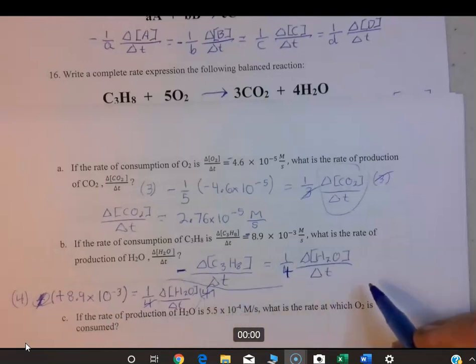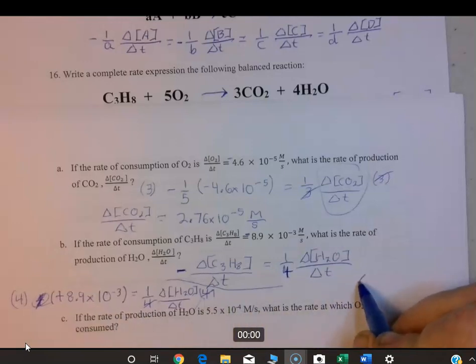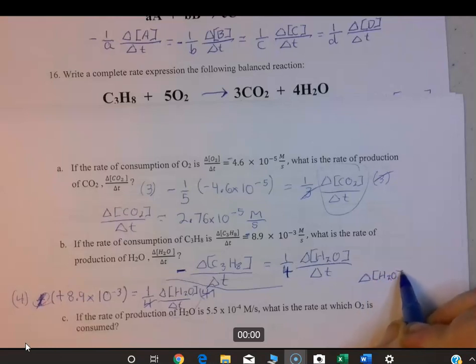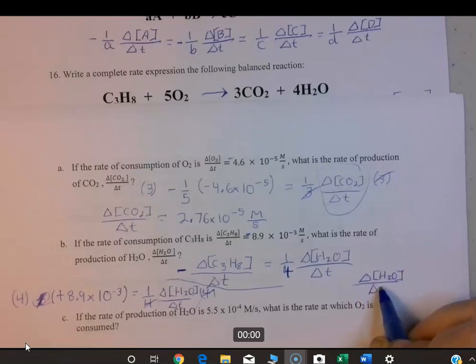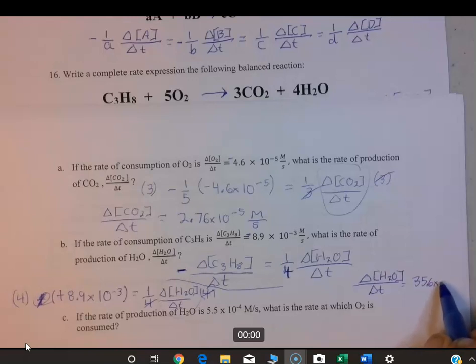So I'm going to go ahead and write the answer over here, that the change in concentration of H2O, this is the rate of change, equals 35.6 times 10 to the minus 3 molar per second.